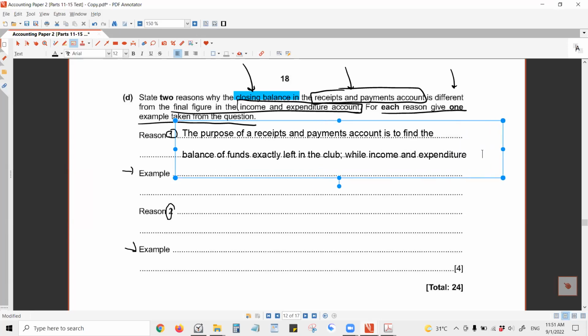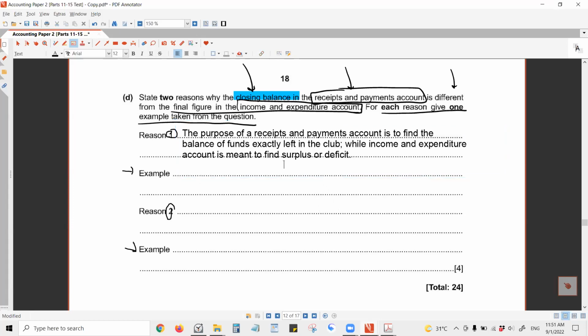Then you try to minimize the size of the words you write. Purpose of receipts and payments account is to find the balance of funds left in the club, while income and expenditure account is meant to find surplus or deficit.